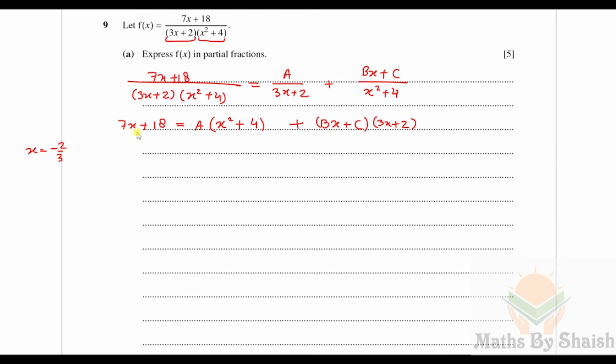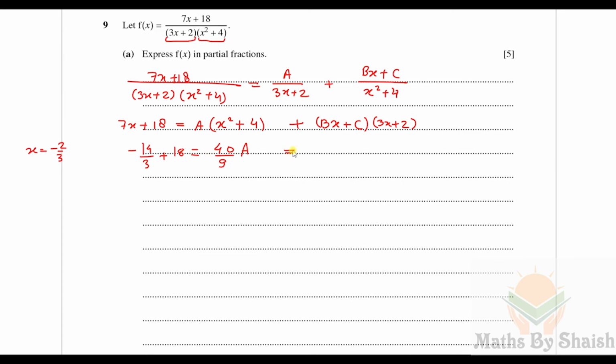At x equal to minus 2 by 3 we get minus 14 over 3 plus 18 on the left, and here this term is 0. The first term is x square, so minus 2 square is 4 over 3 squared, which is 4 over 9, and 9 times 4 is 36, so it becomes 40 over 9a.